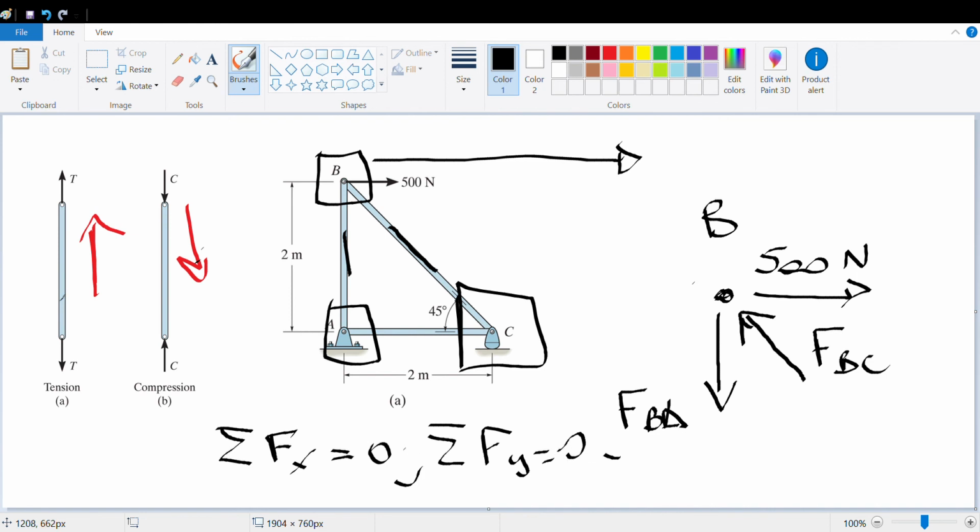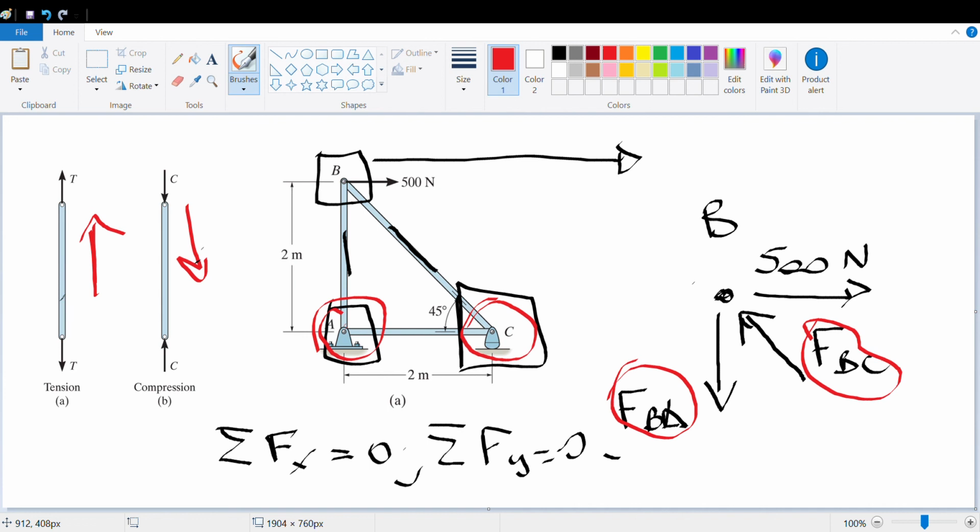Solving these two equations, I will find FBA and FBC. Now, once I know these two forces, I can move on and look at joint A and joint C, if I'm interested in that. The method of joints consists of looking at each joint singularly.